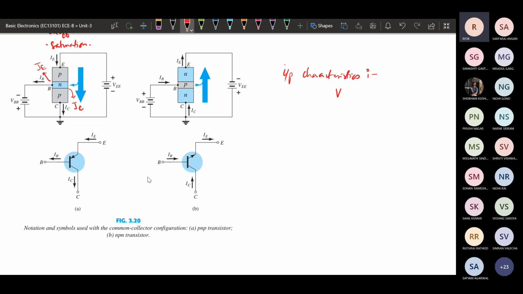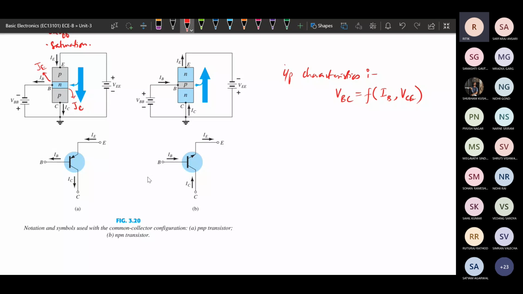Suppose it is an NPN transistor, so whatever positive VBC is there, we will have VBC as a function of the output current, that is IE, the input current, that is IB, and also the output voltage, the voltage between emitter and collector terminal, so VCE.